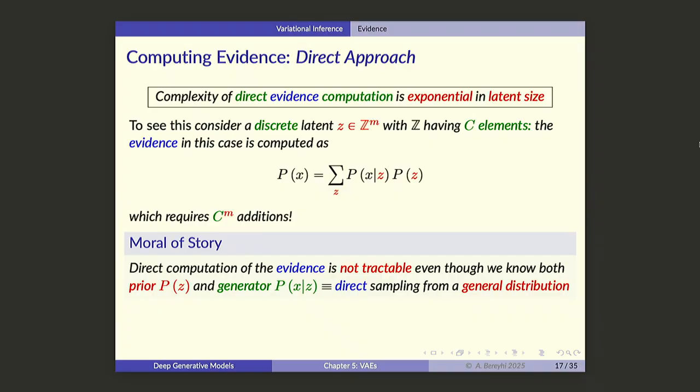They are the same thing eventually, because naturally they are the same problem. Moral of the story: you cannot compute this evidence directly no matter what that distribution is. If it's as simple as Gaussian, you cannot do it. If it is a general distribution, forget about it.